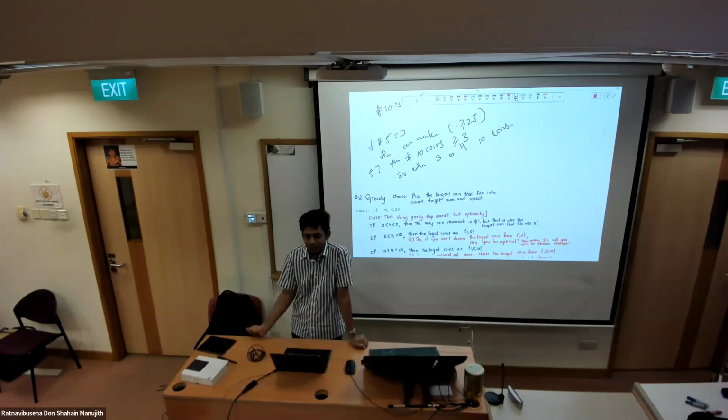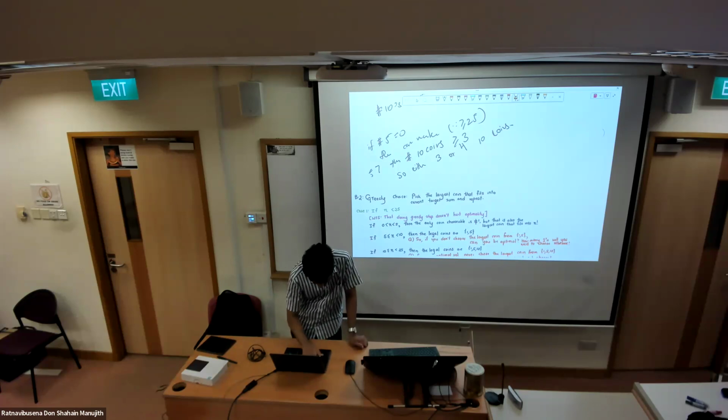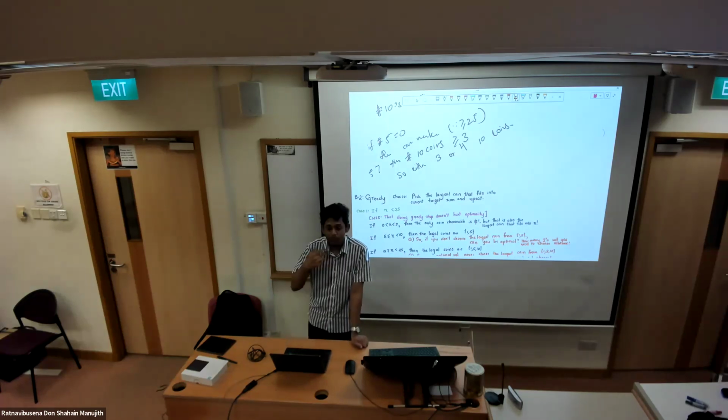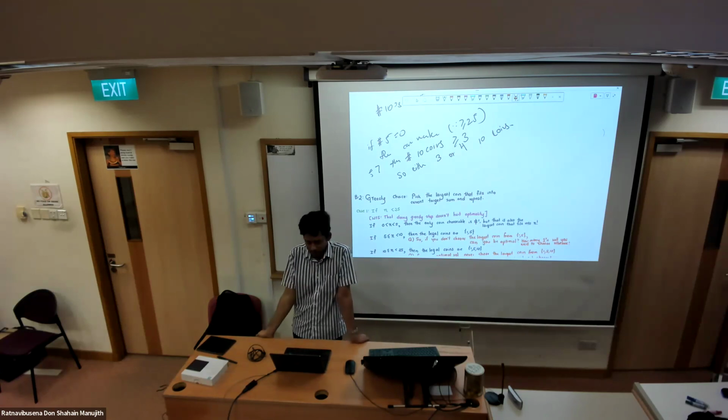Because you can choose one 5 coin to replace 5 1 coins, right? And then at most, how many 5 coins can this optimal solution choose? Can it choose at least 2 5 coins?